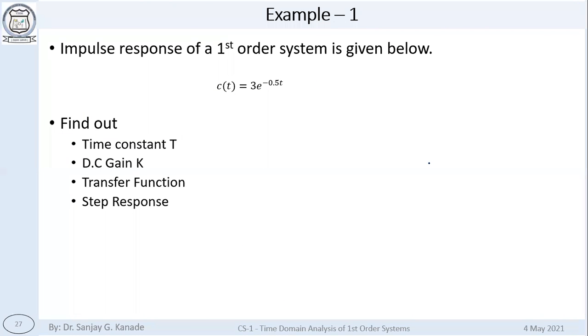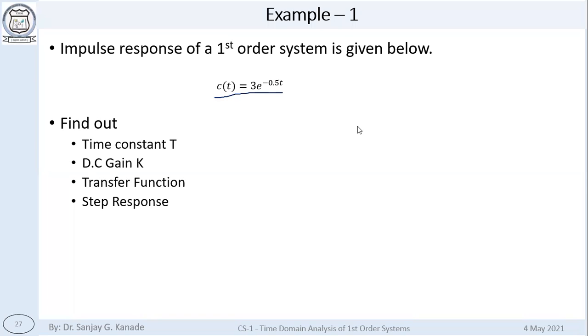Now let's take an example and see what we can do from the mathematical point of view. Okay. So let's say here the impulse response of a first order system is given. C of t is equal to 3 e raised to minus 0.5 t. This is given. What is this? This is the impulse response. Means what?